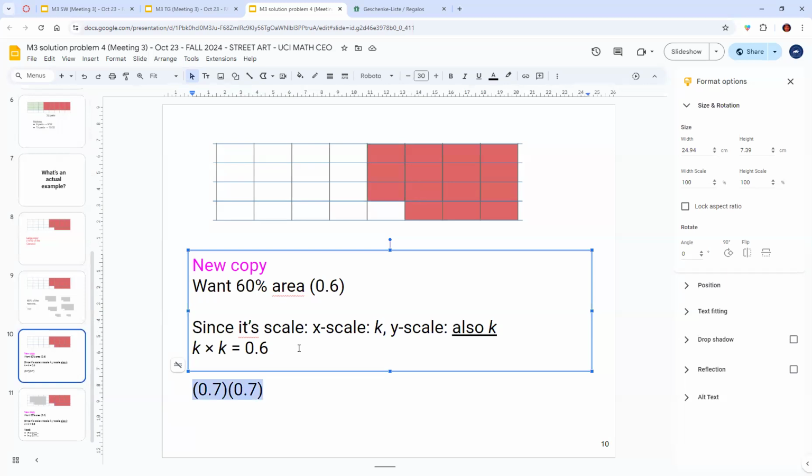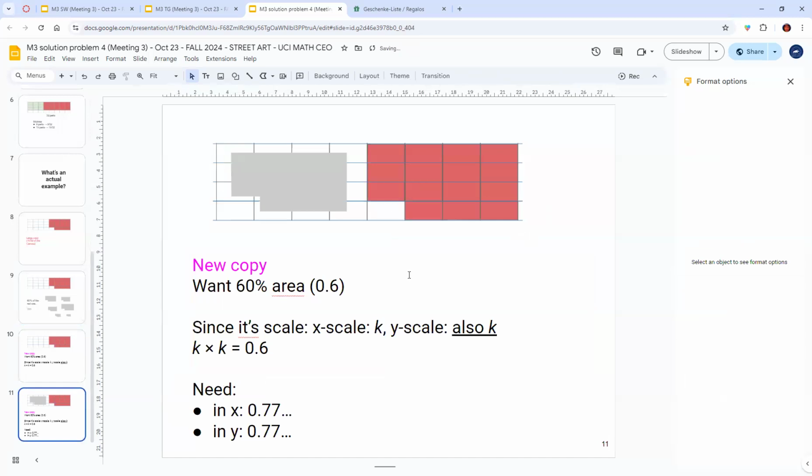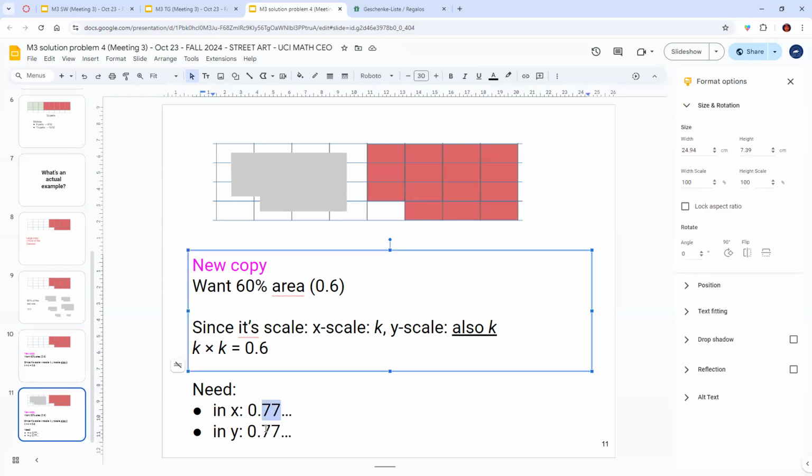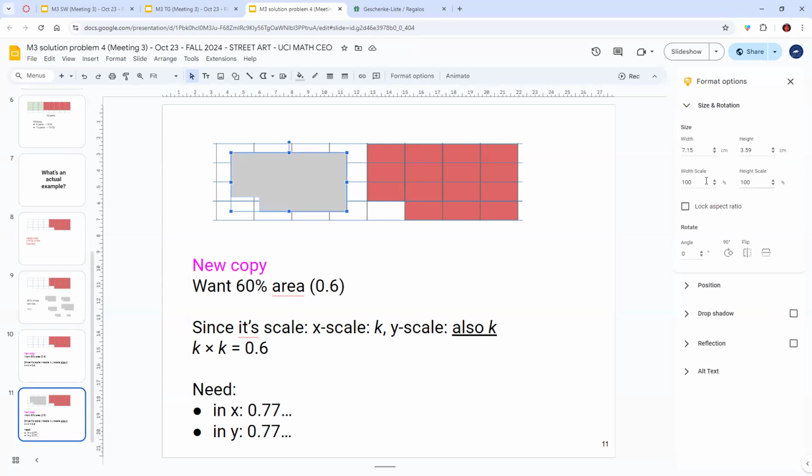By trial and error or by taking roots, students will discover that it's actually 0.77 and then some more decimals, but let's just take 77 because that's a good approximation. So this copy is actually 77% of the height. You can see it here. 77% of the height, and also 77% of the length, from left to right.